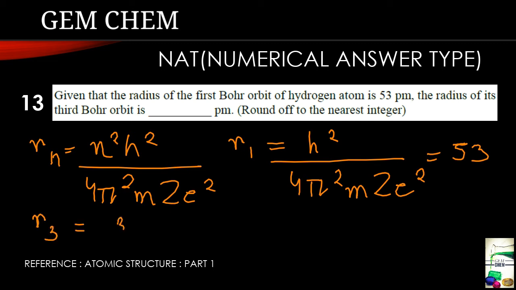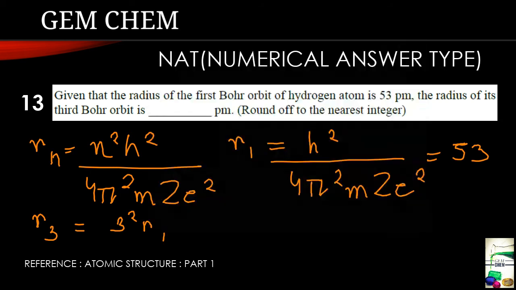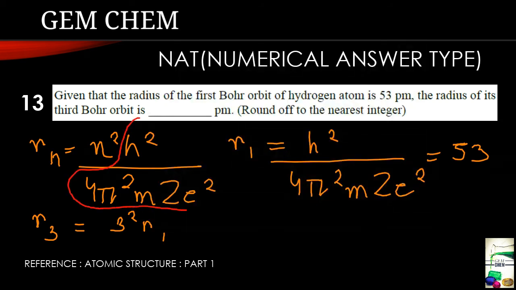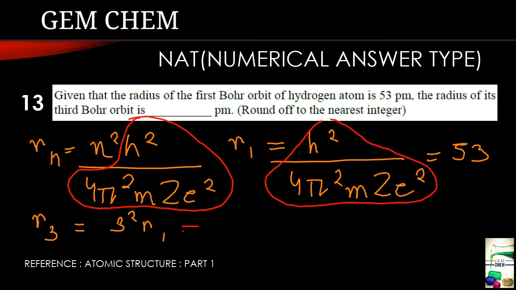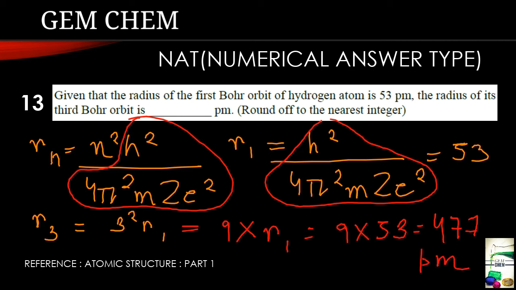Here n square times this common portion, which we can put as R1. Putting this, n is 3, so it is 9 into R1, that is 9 into 53, and on multiplying the answer is 477 picometer. So 477 is our answer.